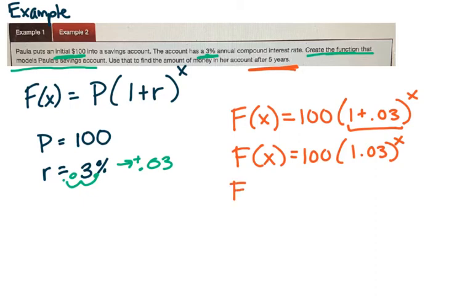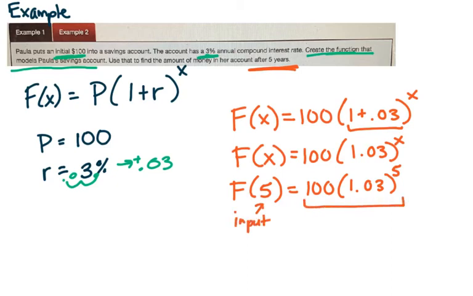So f of 5 equals, you want to make sure that you're replacing x in both of the x's. And that just helps me to keep track of her input and her output. So this is my input of 5 years, and then whatever this is when I work it through, that's going to be my output. So writing it in function notation just helps us to keep track of what input goes with which output. And so I can plug that right into my calculator.